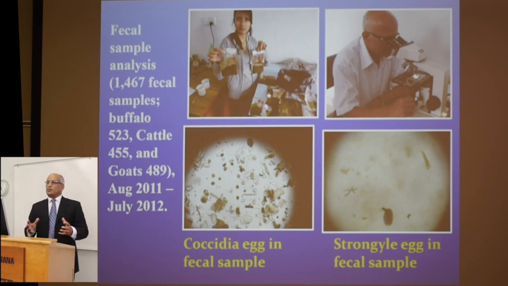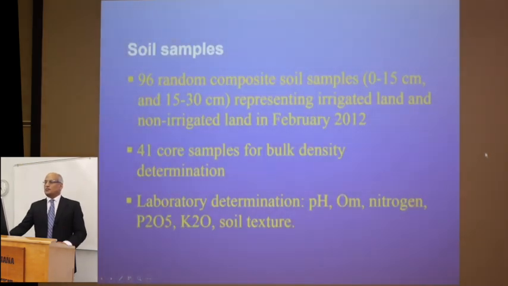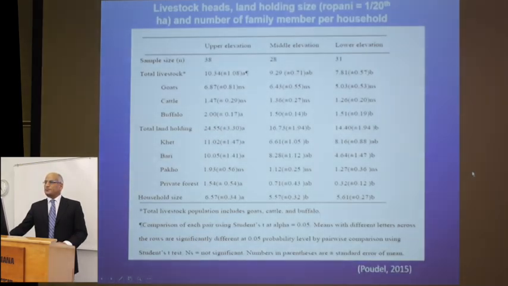Also, the fecal samples collected from cattle, goats, and buffaloes, as well as soil samples from fields and fodder samples, all were analyzed in the laboratory to understand the status of those systems.